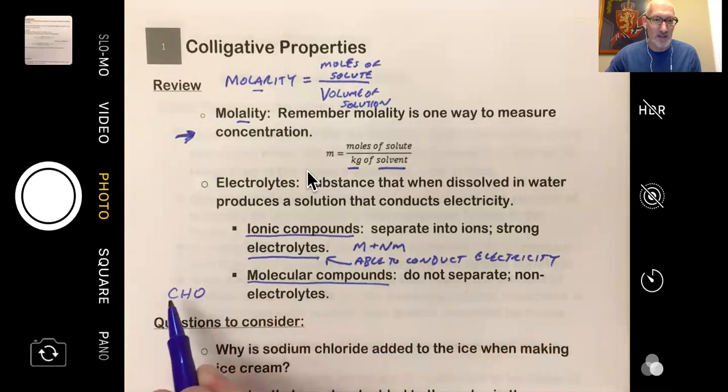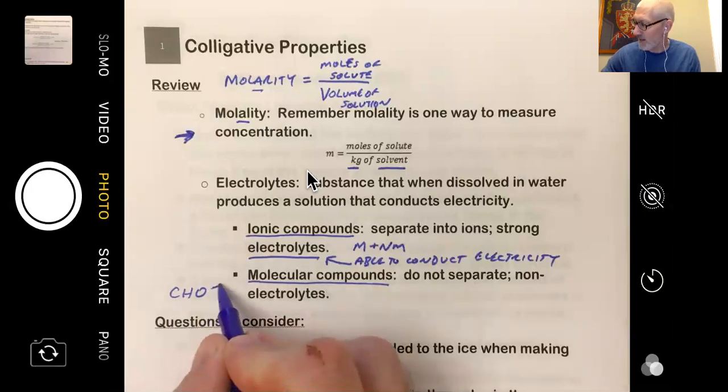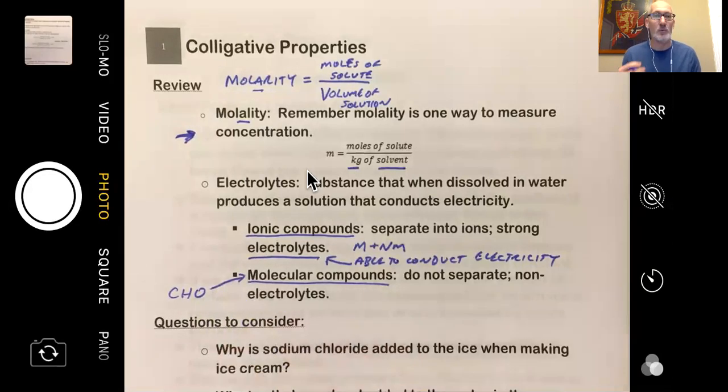It is covalent bonding between the carbons, hydrogens, and oxygens. So you don't end up with ions. When you dissolve sugar, you end up with molecules. You don't separate the carbons, hydrogens, and oxygens when you dissolve sugar in. The sugar just finds spaces in between the water molecules.